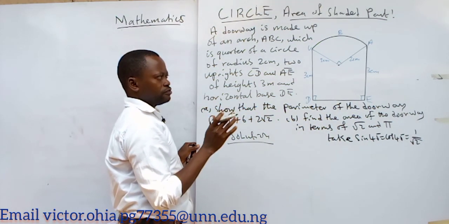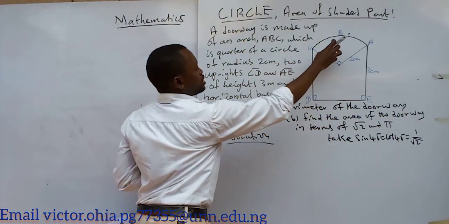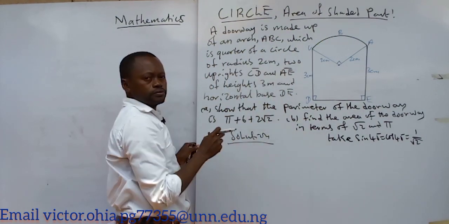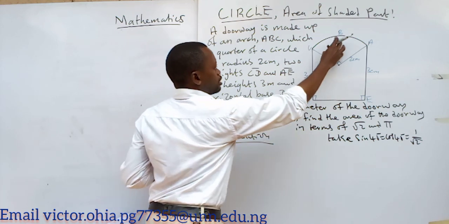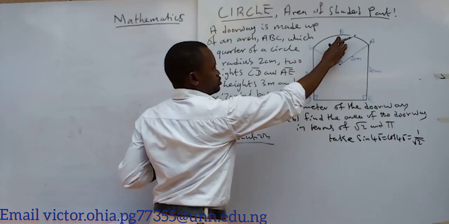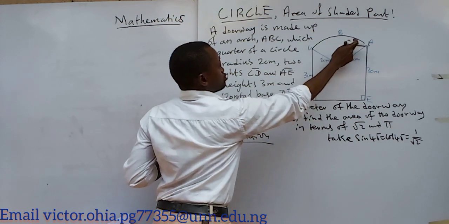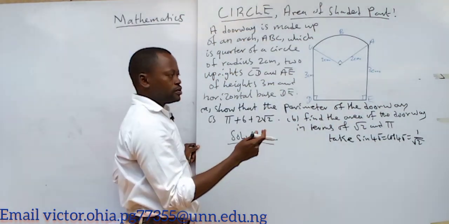And there's something that can give us that, because they say that there is an arch here, which is a quarter of a circle. So if you look at this now, you see a quarter of a circle. The angle there is 90 degrees, the radius is 2 cm, and this is obviously an arc of that circle.